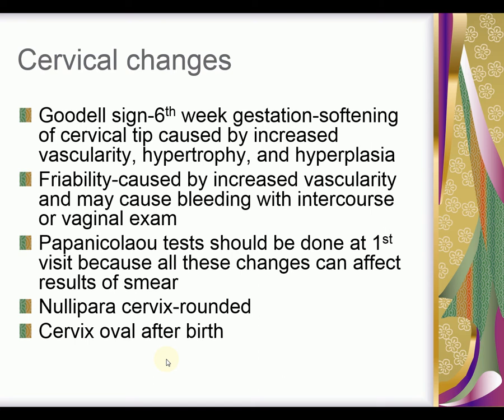Well, it's nice and round, perfect shape. And after you have a baby, it looks like what they call a fish mouth. It's oval. It never goes back to round, and will not go back to its shape before you had a baby.